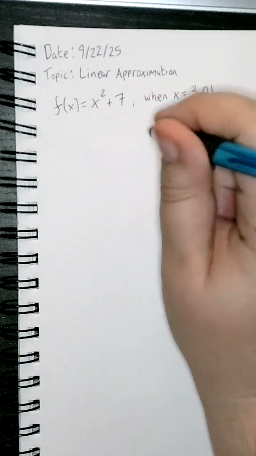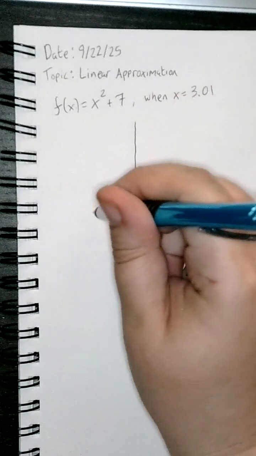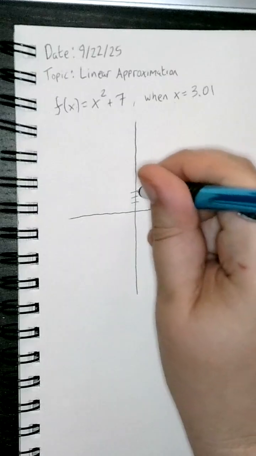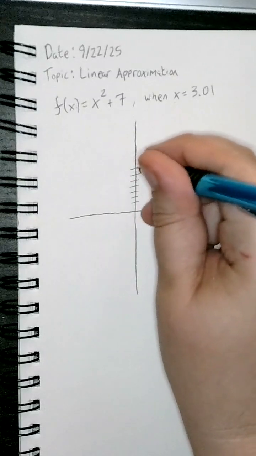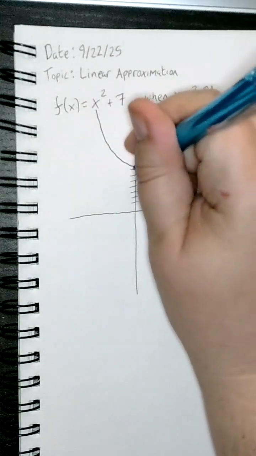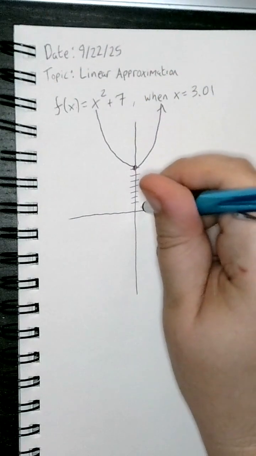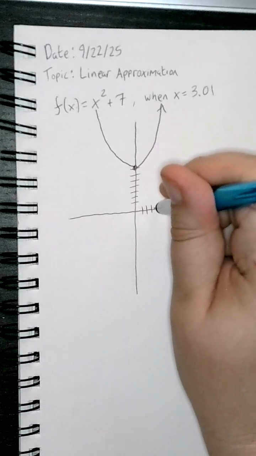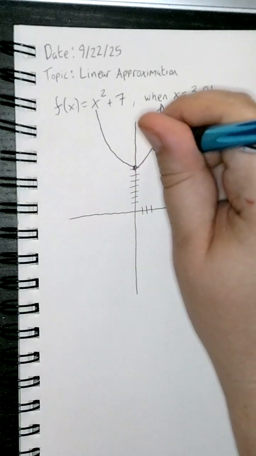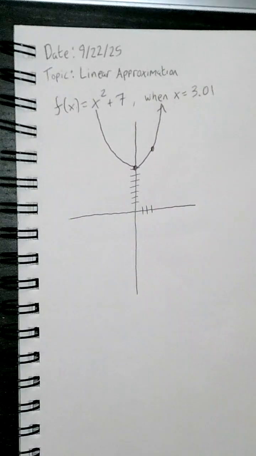So I'm going to attempt to draw this graph. 1, 2, 3, 4, 5, 6, 7. When x equals 3, here's my little offset. I know it's not to scale, but I'm going to make it work.